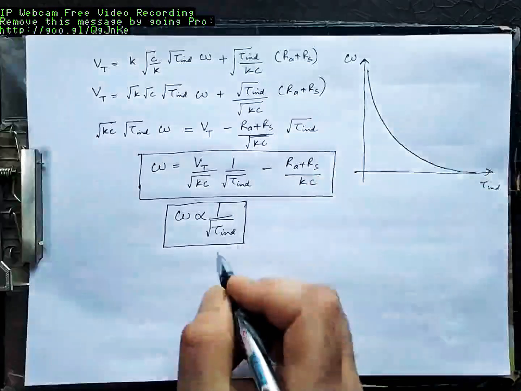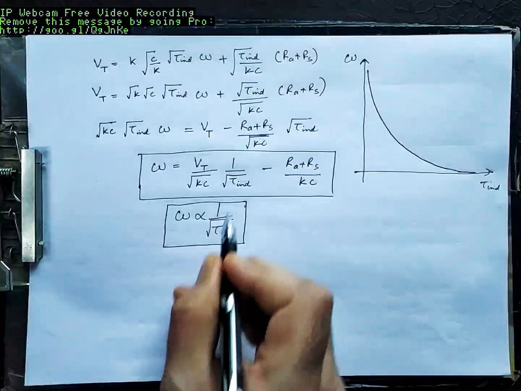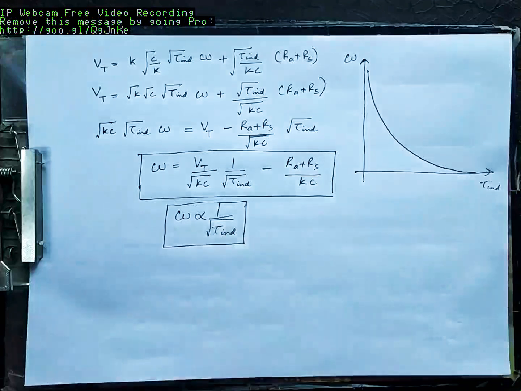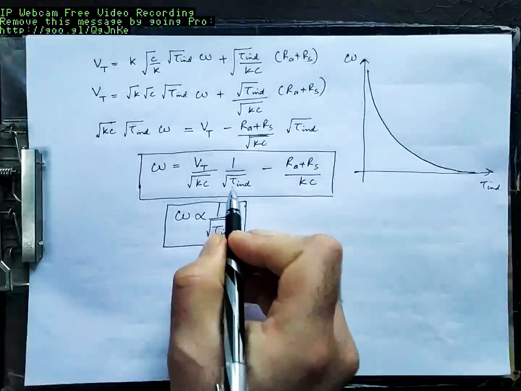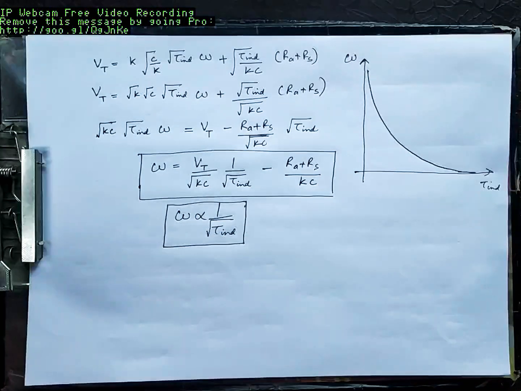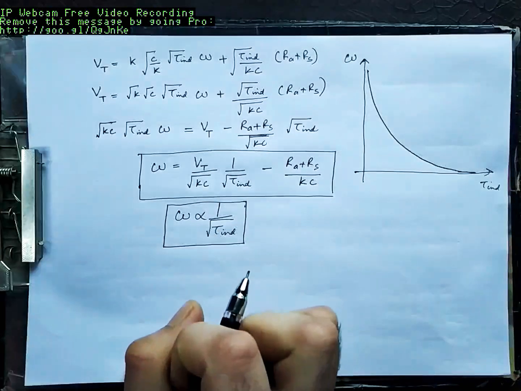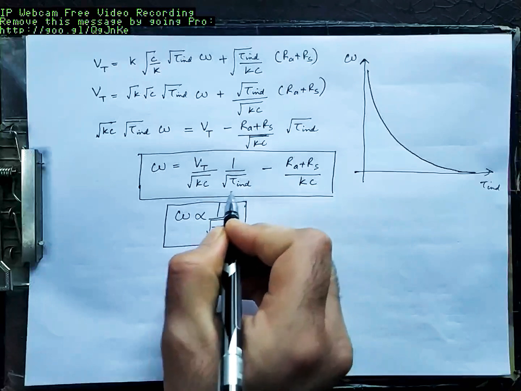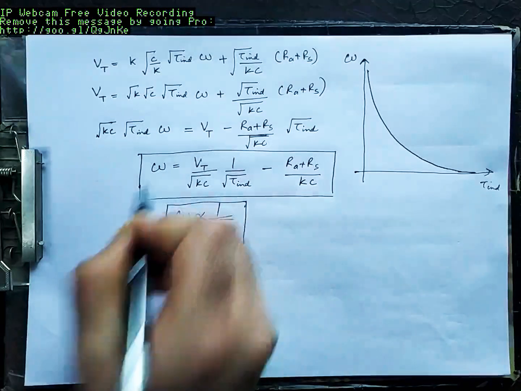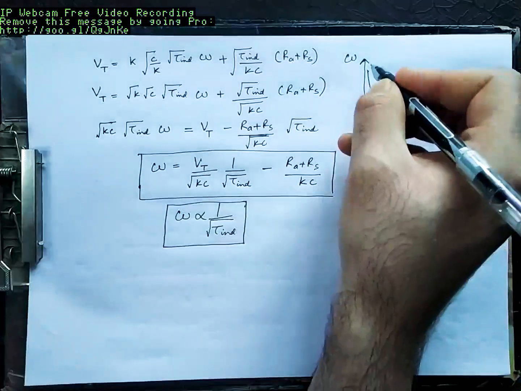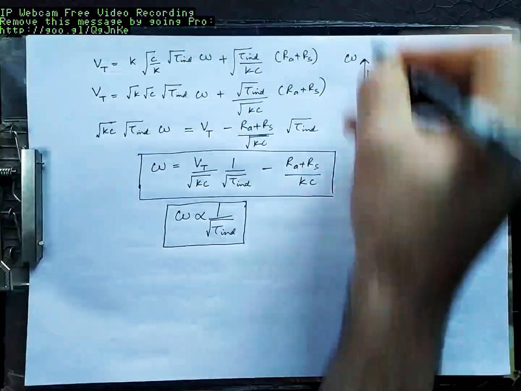As induced torque becomes equal to 0, it cannot be exactly equal to 0, but when induced torque almost tends to 0, omega tends to infinity. That's why I've drawn this as an asymptotic curve over here. This goes to infinity.